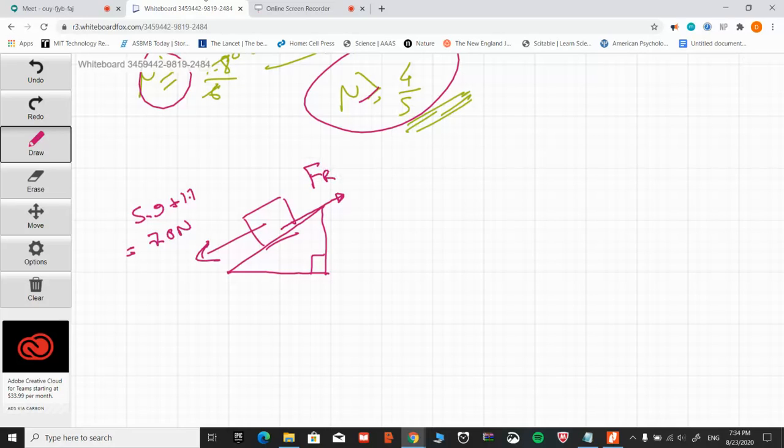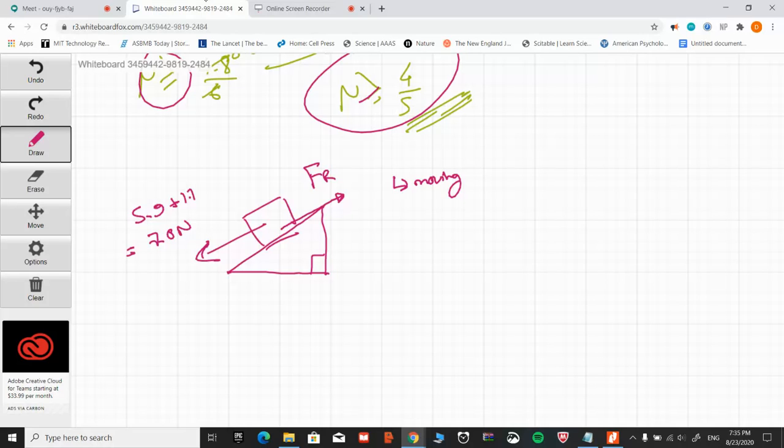Now here's the interesting part, guys. Since the question said it is moving, we know that the friction must be the limiting friction, right? The friction must be the limiting friction. We already know that from our previous lecture. We've learned that if an object is moving, it has surely overcome the maximum friction and thus has started moving.